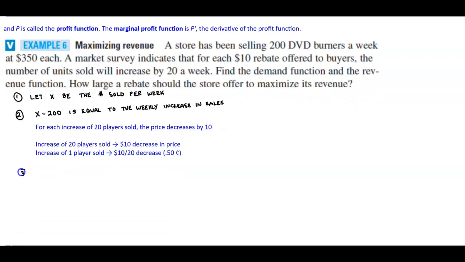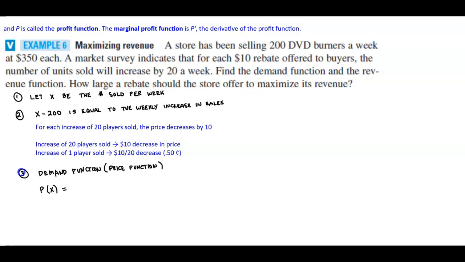So now we want to find the demand function. Now the demand function represents the price function. So that is P of x.